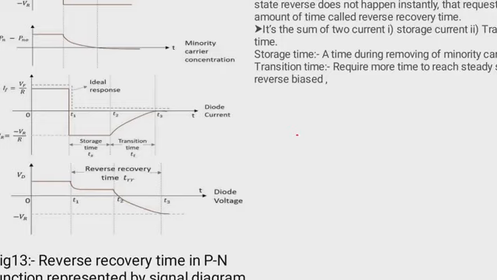Actually, the total time is divided into two portions: one is called the storage time, the other is the transition time. Storage time depends upon the excess minority carrier concentration.